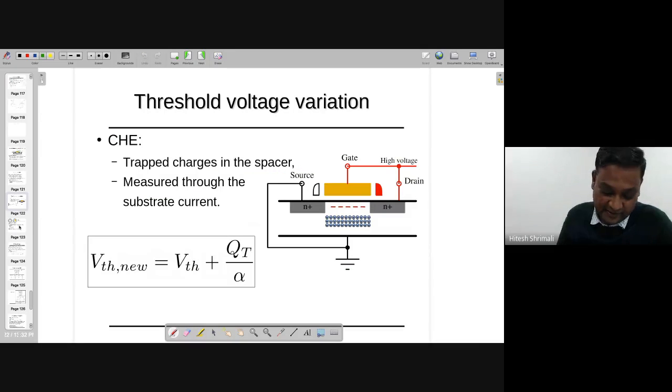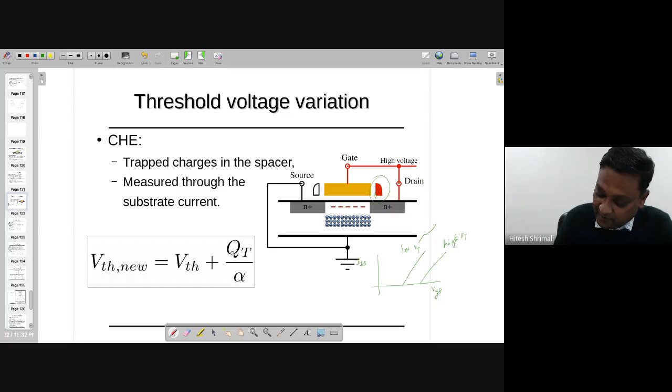If that is the case and it's following what you already know, if there are trapped charges, the VT is becoming higher. If there are no trapped charges, the VT is the regular one. So there are two plots, IDS versus VGS. This is for low VT and this is for high VT.